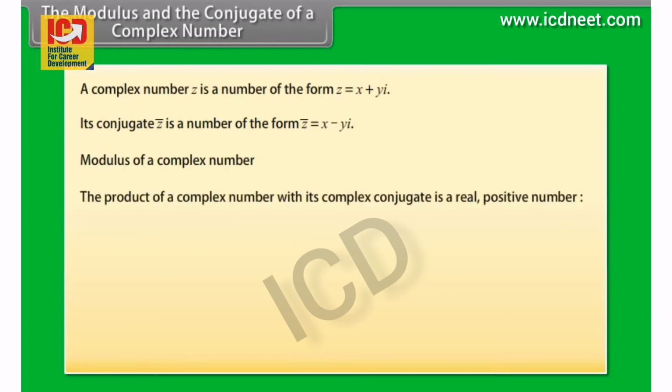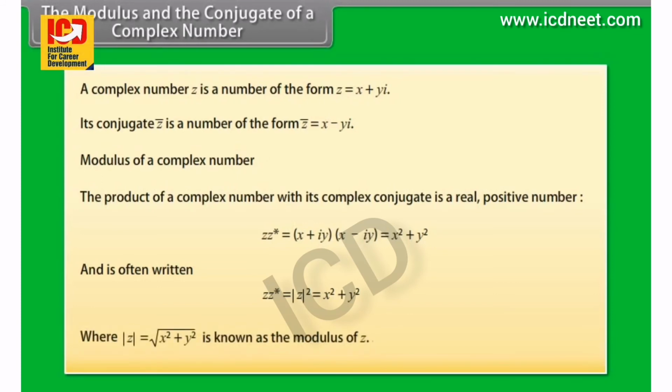The product of a complex number with its complex conjugate is a real positive number, that is, z into z bar is equal to x plus iota y into x minus iota y, which is equal to x square plus y square, and is often written z into z bar is equal to the square of modulus of z, which is equal to x square plus y square, where modulus of z is square root of x square plus y square.